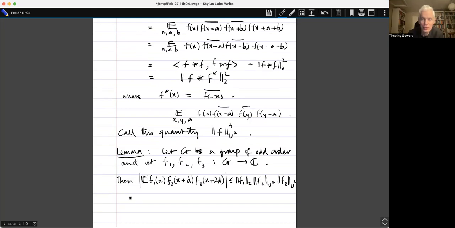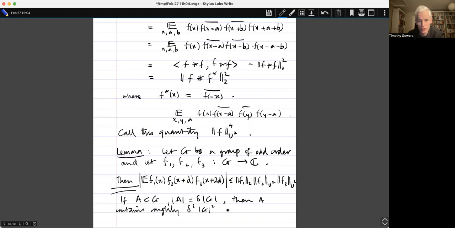So what we have seen is that, if A is a subset of G and A has density delta, then A contains roughly delta cubed G squared progressions of length 3 if A hat of r is small for all r not equal to 0.